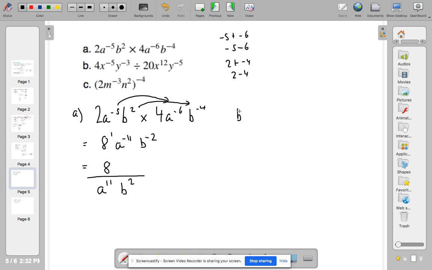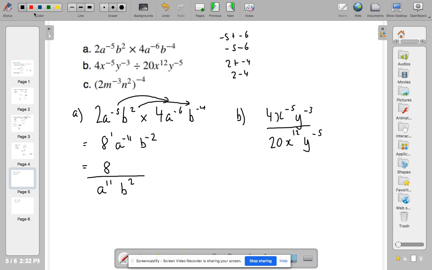Let's look at question B. Now, with question B, it's a divide sum, but I find it easier to change it to a fraction form. Remember, a fraction is a divide sum. That fraction line means divide. So here we go. Now, it's starting to get a bit trickier here.